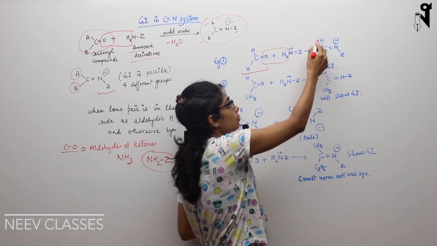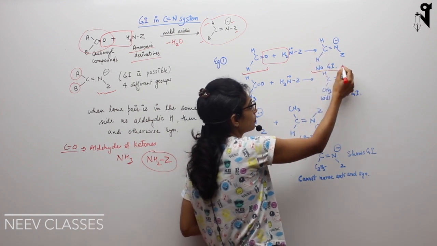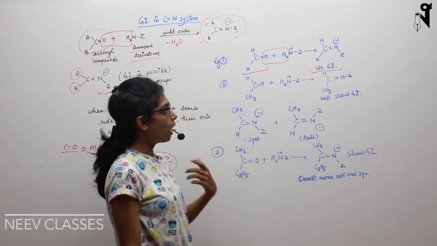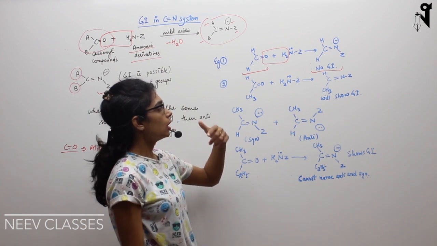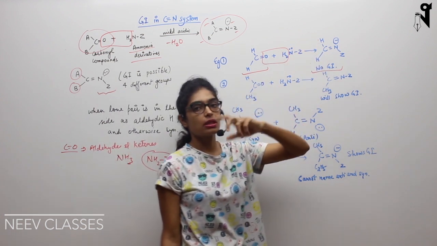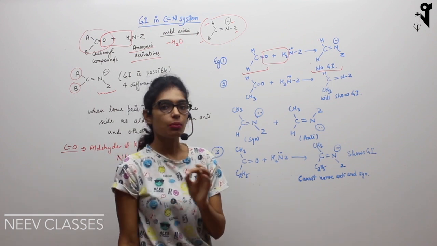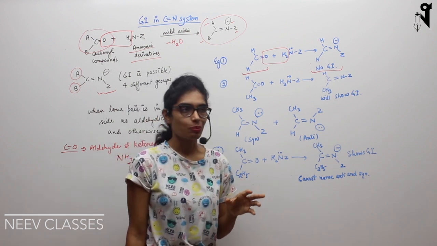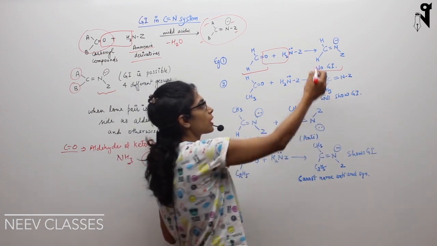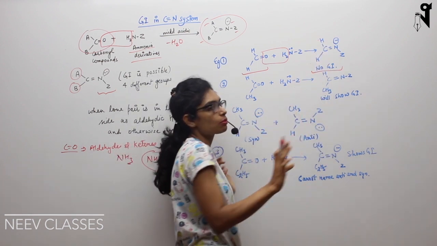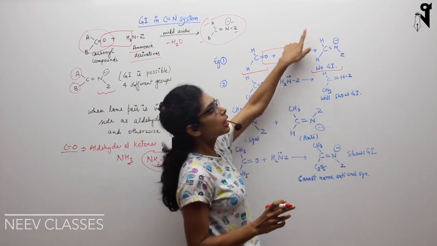Here A and B both are hydrogens, hence no GI. How do we judge what is GI? We don't use the cis and trans terms over here. We use syn and anti to represent the geometrical isomers, and I will explain that with respect to the molecule where you have two different groups. So you will understand why this cannot show GI.